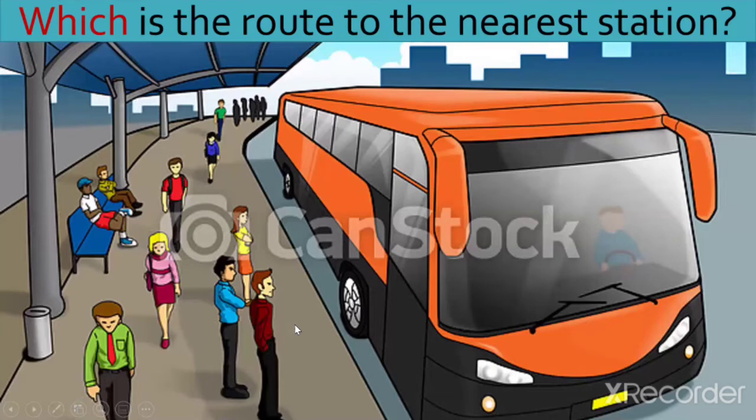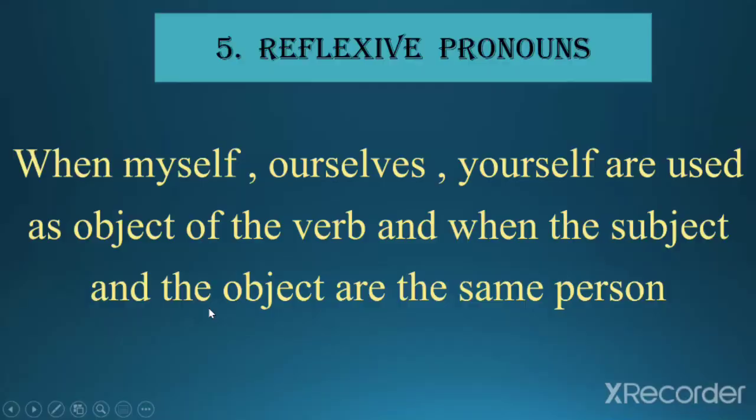Which is the route to the nearest station? Which is your school bag? Who can help you? With whom did you go to the fair? All these words which are used to ask questions are interrogative pronouns.